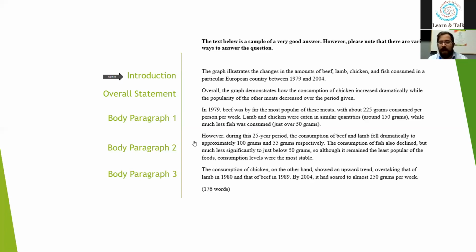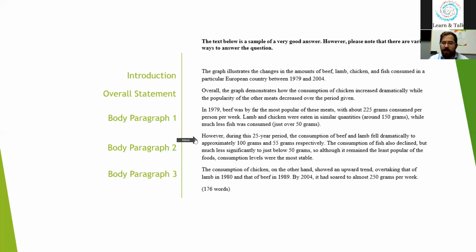Then we look at, however, during this 25-year period, the consumption of beef and lamb fell dramatically to approximately 100 grams and 55 grams respectively. The consumption of fish also declined, but much less significantly to just below 50 grams. So although it remained the least popular of the foods, consumption levels were the most stable.